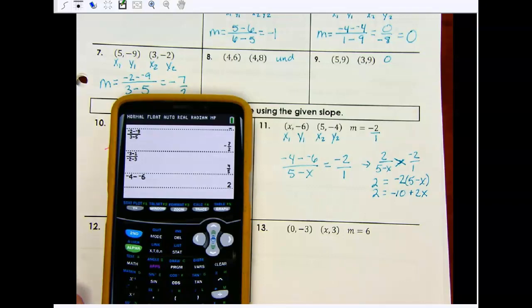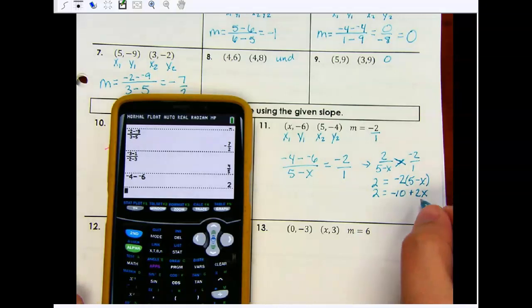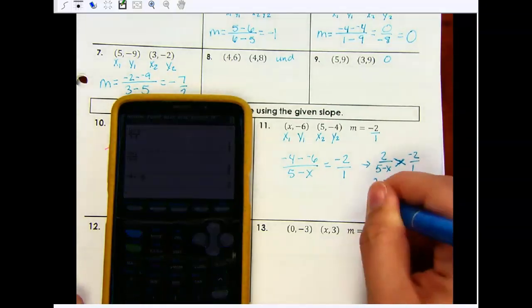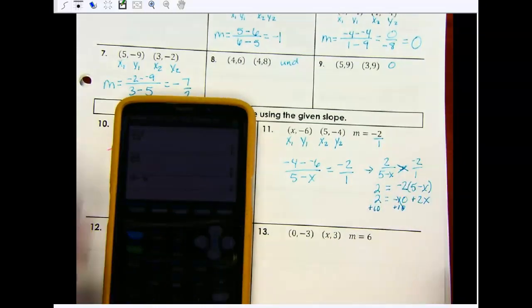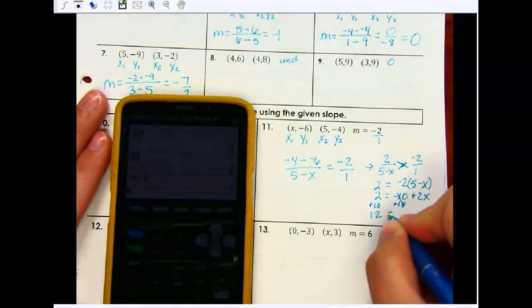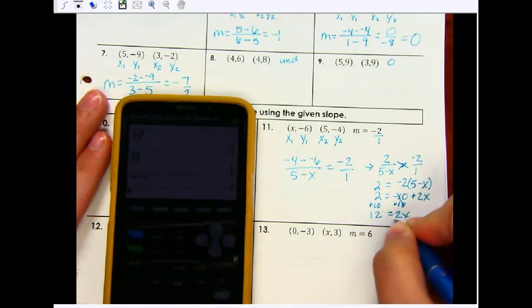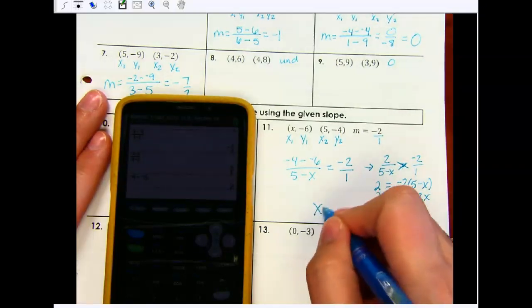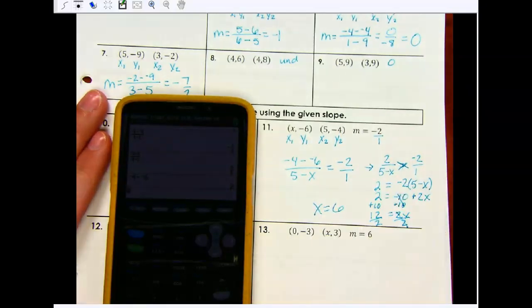Okay, now I set this one up backwards. The x is on the wrong side, but instead of trying to move the x and then moving the 2, I'm just going to add the 10 to the 2, because as long as we get x by itself, it doesn't matter in the long run. So we get 12 equals 2x. Then we're going to divide both sides by 2. So x equals 6. 12 divided by 2 is 6.